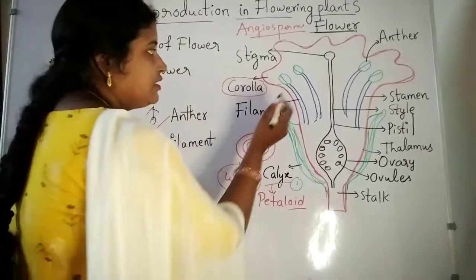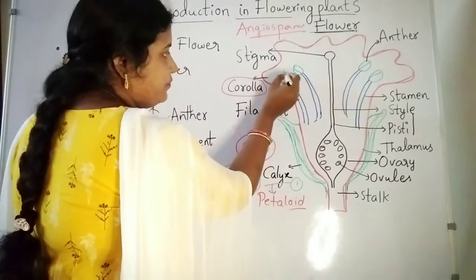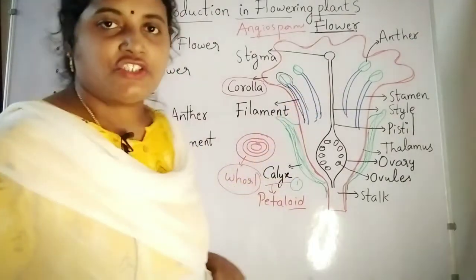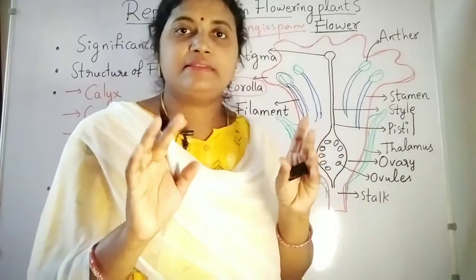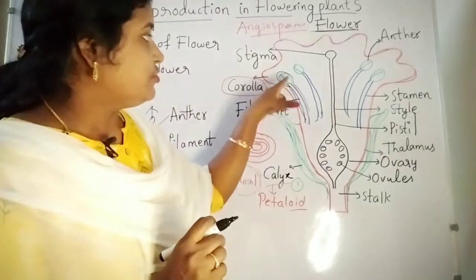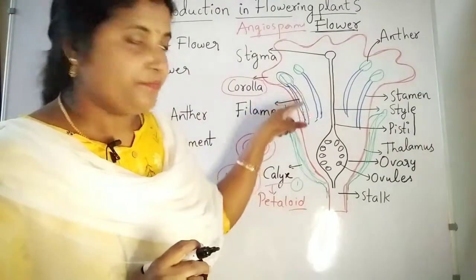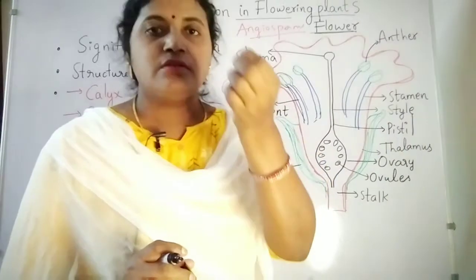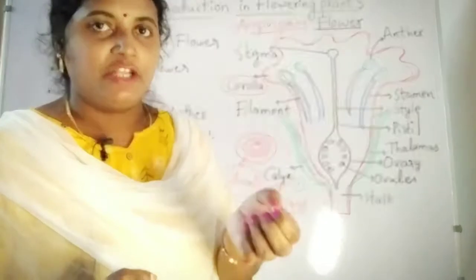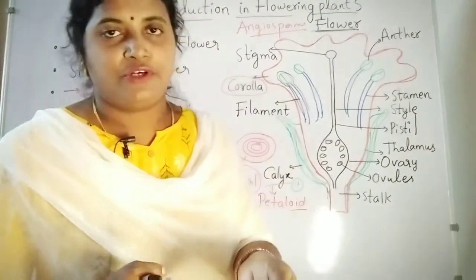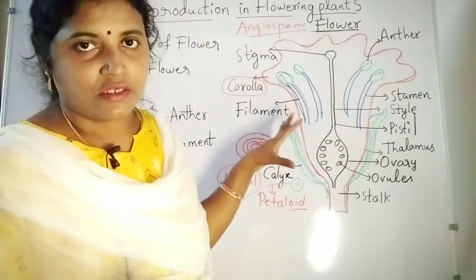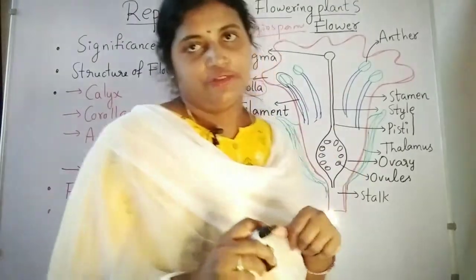Observe the bulged portion and the thin tube-like structure together; it is known as stamen. The bulged portion is known as anther, and it is connected to the thin filament. The thin tube-like structure is known as filament. Anther gets support from the filament. These are the two important structures of the androecium.